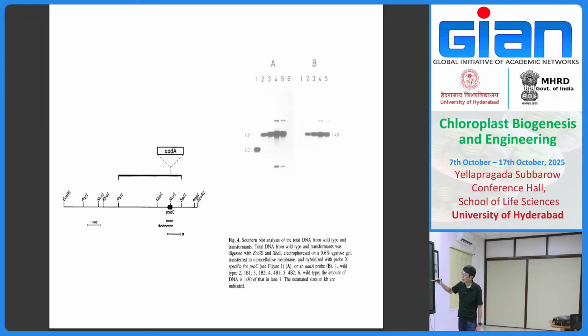Here to here. And then we separated the DNA fragments by agarose gel electrophoresis, blotted onto the membrane, and hybridized with a probe of this region, labeled with phosphate.